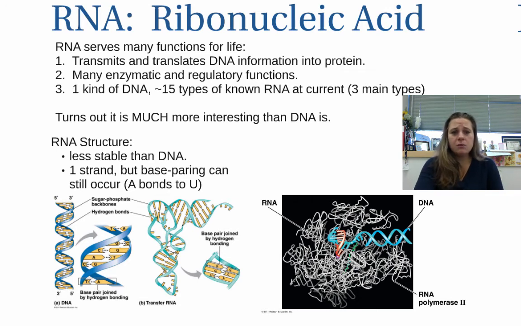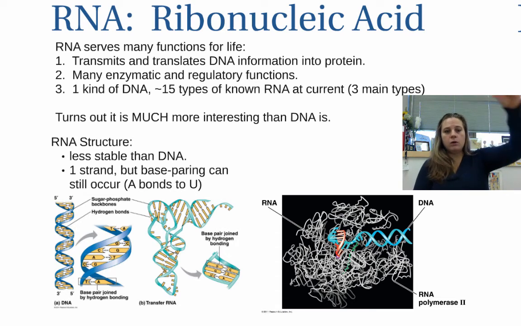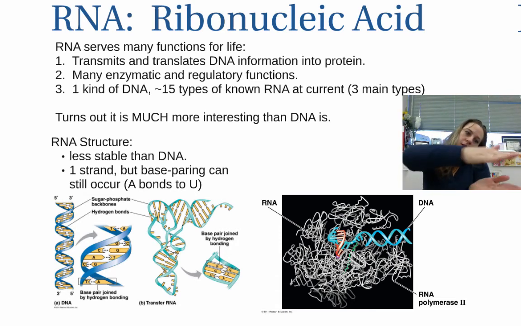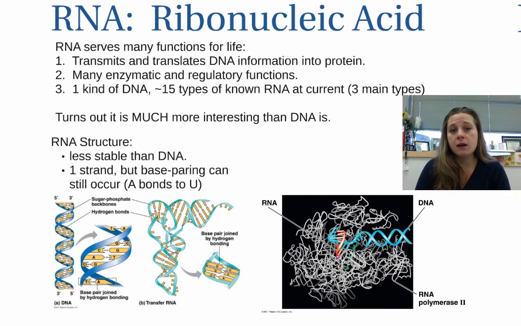It is less stable. That single helix does make it less stable. It has that one strand, but base pairing can still occur. You can actually get a single strand of RNA that will wrap over itself to create double-stranded RNA. Very important for things like gene control, turning genes on and off, which can be taken care of through double-stranded RNA.